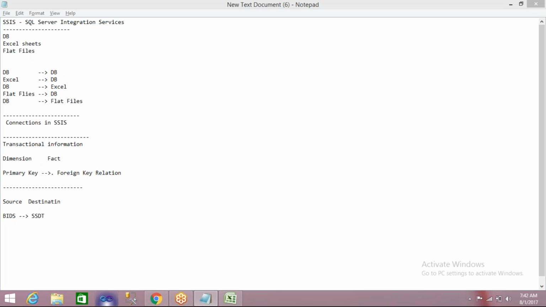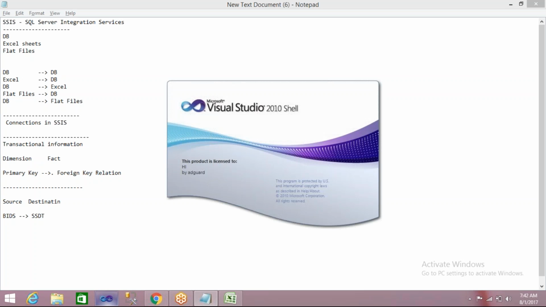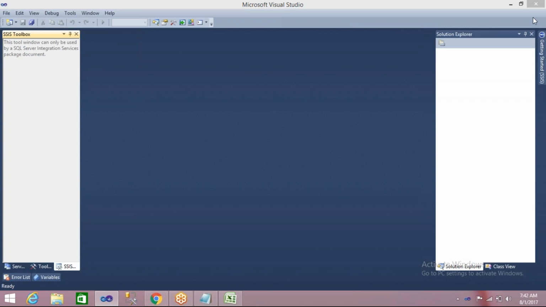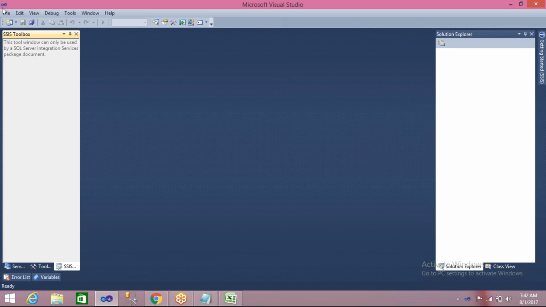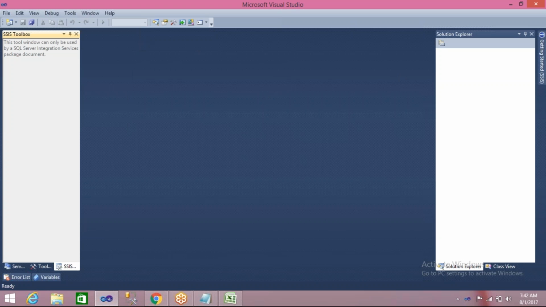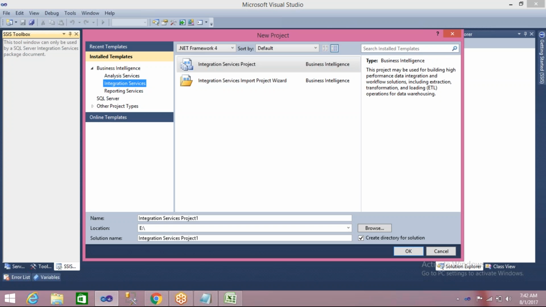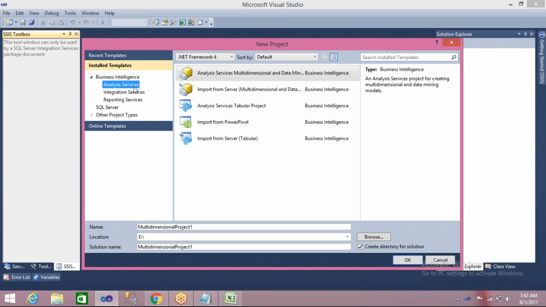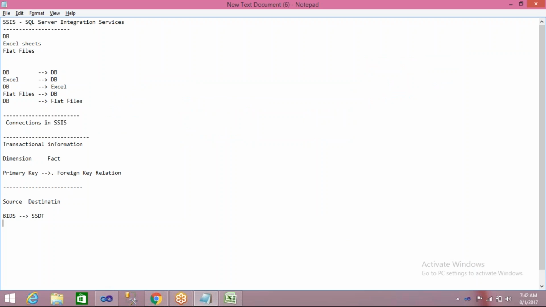Just click on SSDT. With an empty window like this, you can go to File, then New, and then Project. Since it's the beginning, we will go to the project like that. After that, on the left side, you can see the business intelligence components: analysis, integration, reporting services. And what you have to do is get a SQL Server evaluation version.